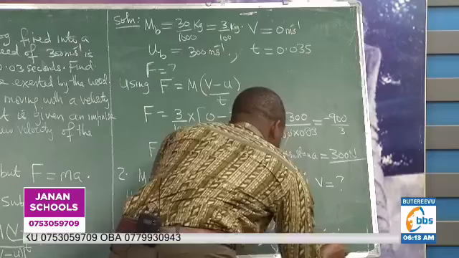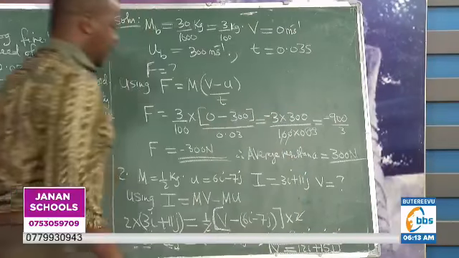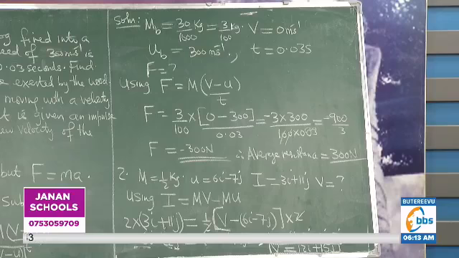The velocity which we want is this velocity here of 12I plus 15J. We shall get our velocity as 12I plus 15J.